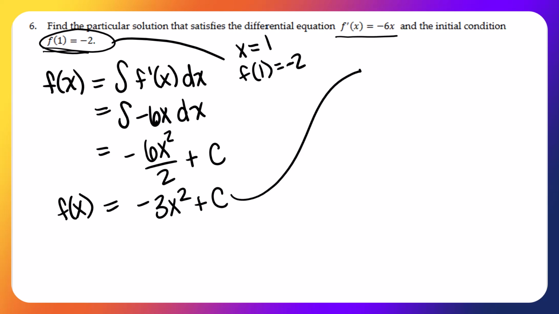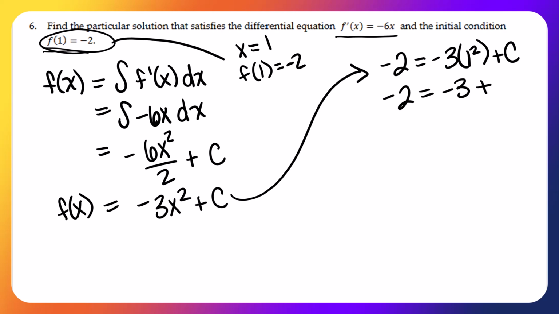So looking at that for our equation, we would have negative 2 is equal to negative 3 times 1 squared plus c. Well, 1 squared is just 1, so we have negative 2 is equal to negative 3 plus c. Solving for c means I need to move that negative 3 to the other side, so if I add 3 there, negative 2 plus 3 would give me a positive 1.